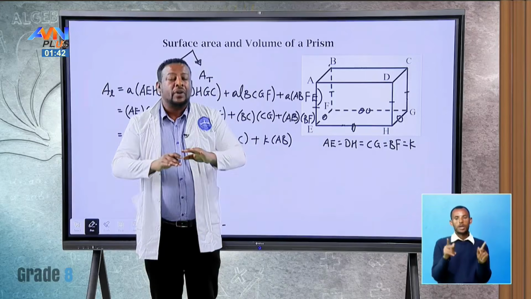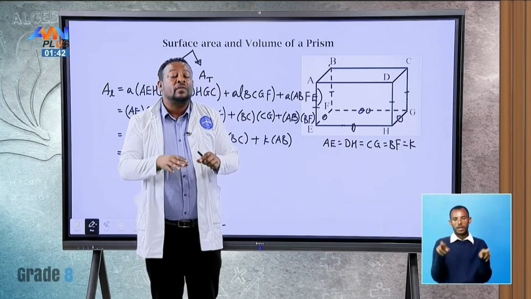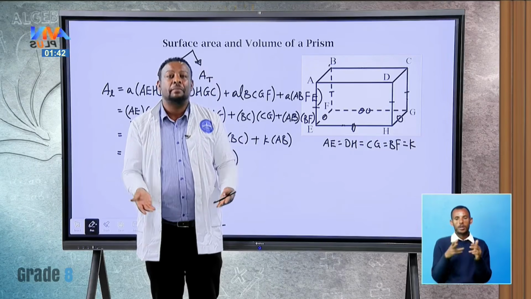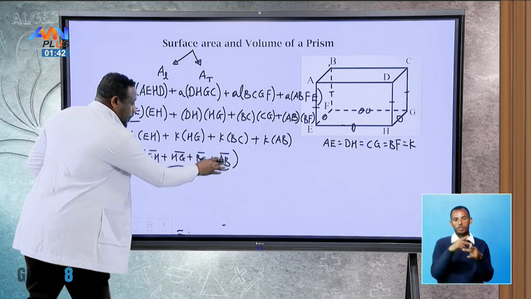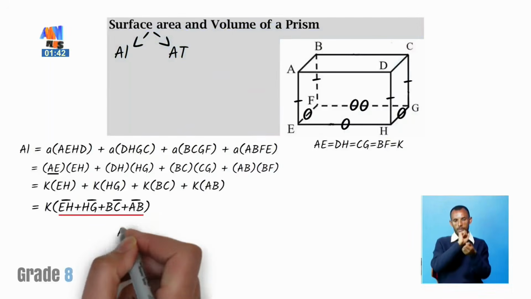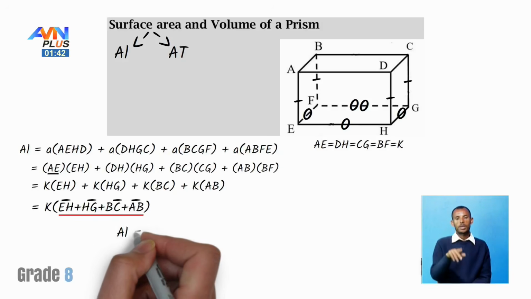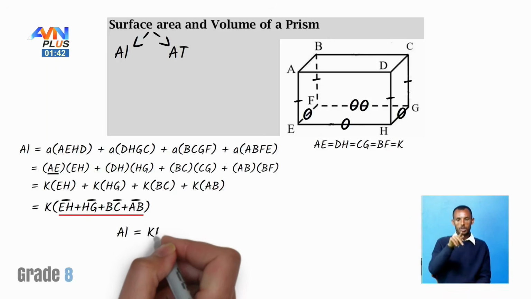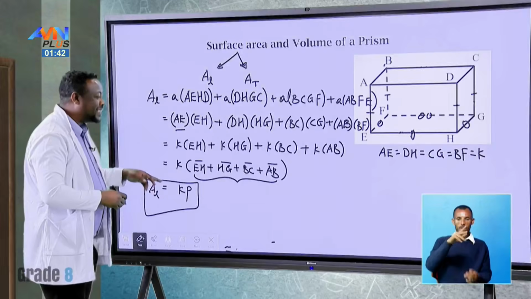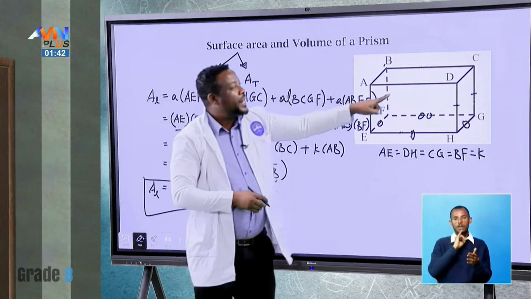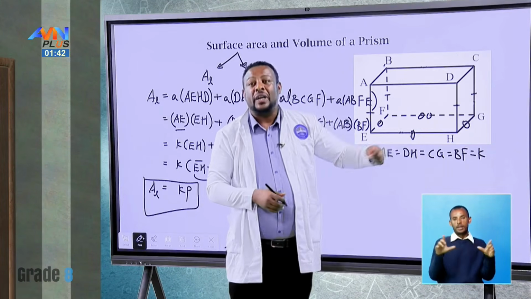For any rectangle, the sum of the sides is called the perimeter. So in place of this summation, you can substitute P, K times P. So AL becomes K times P, where K is the lateral edge.